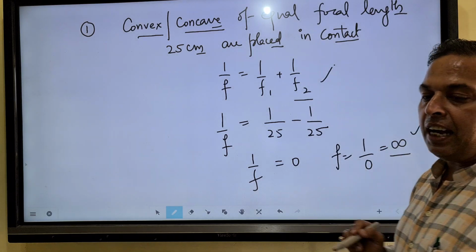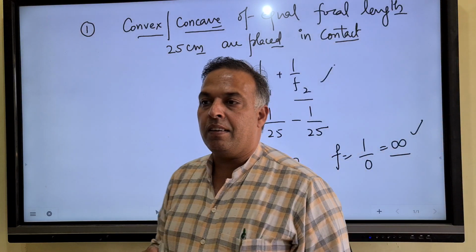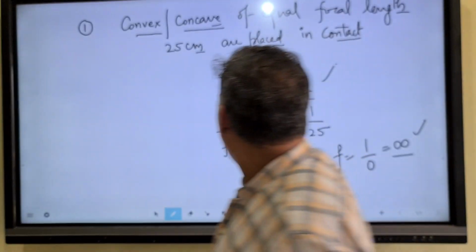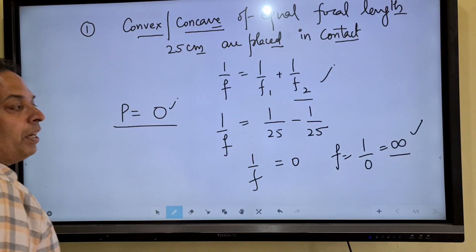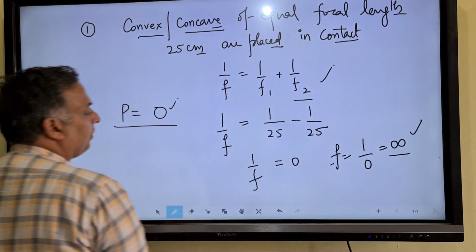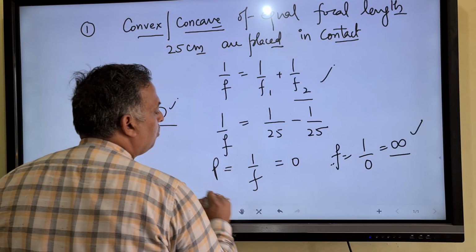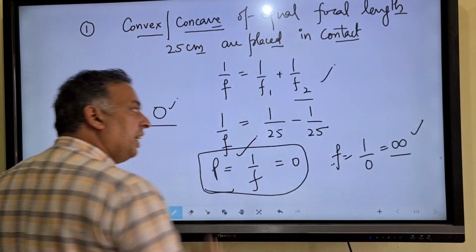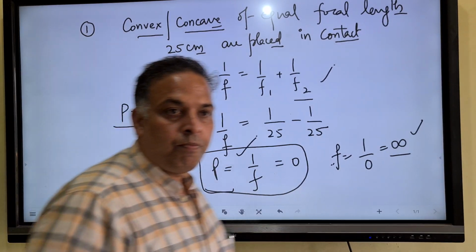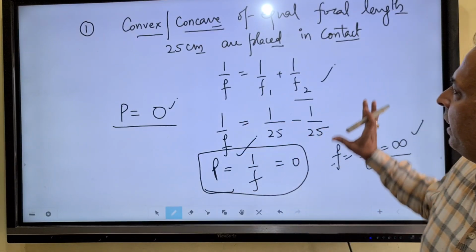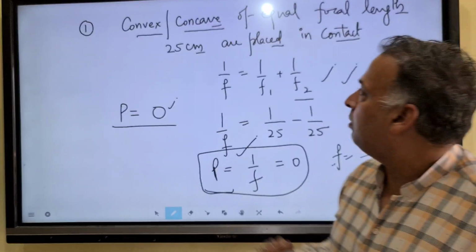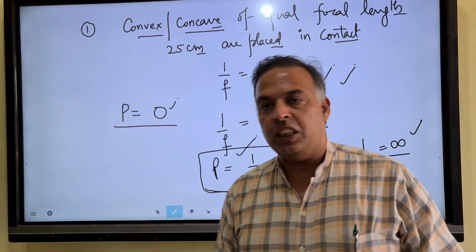So in this way the power becomes 0 because f becomes infinite. So P becomes 0. It will behave as a plane glass, when these lenses are in contact with each other.